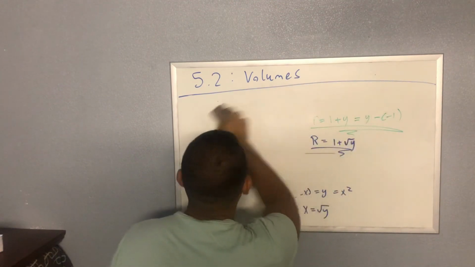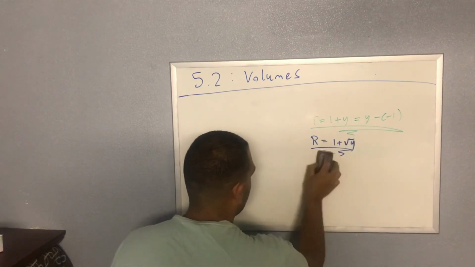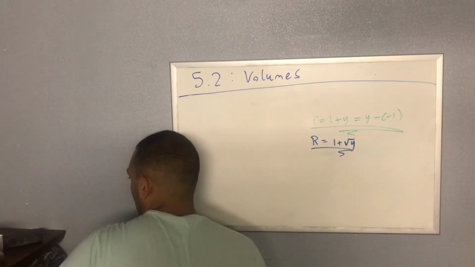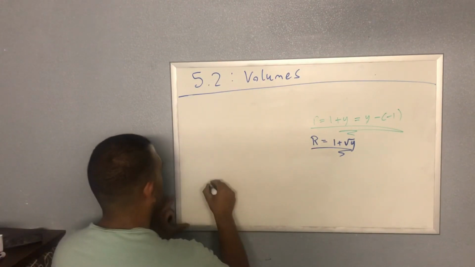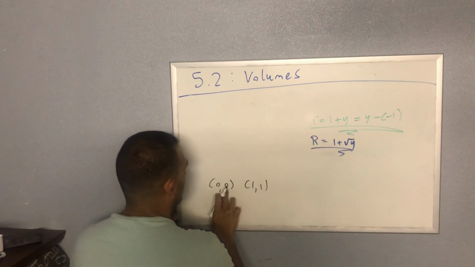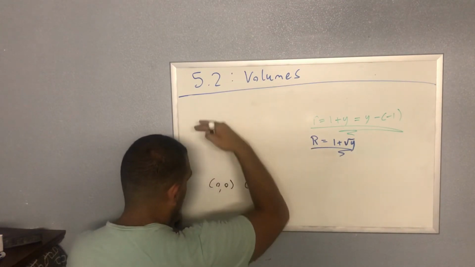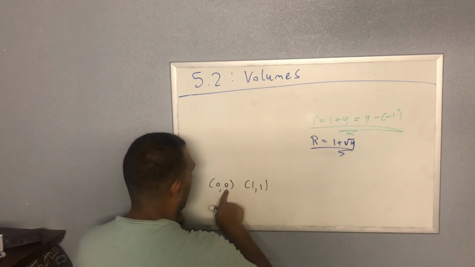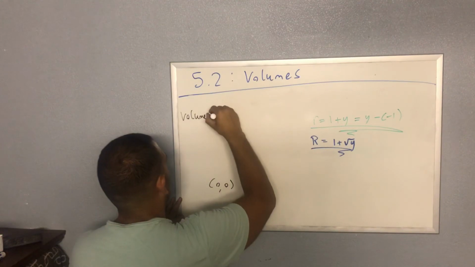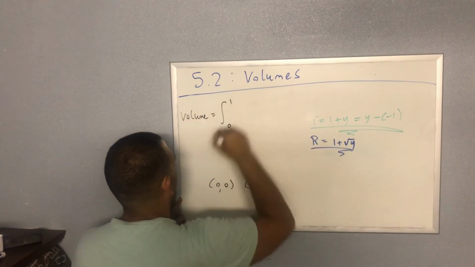Same way we've been doing it. Remember, originally the two functions intersected at these points, so we're integrating from bottom to top along the y-axis, but that's still 0 to 1. So the volume is going to be the integral from 0 to 1.